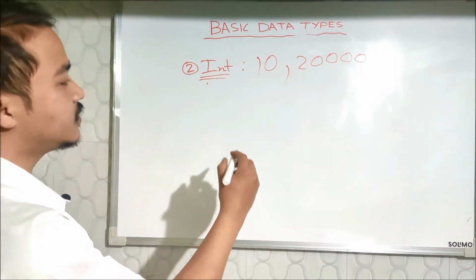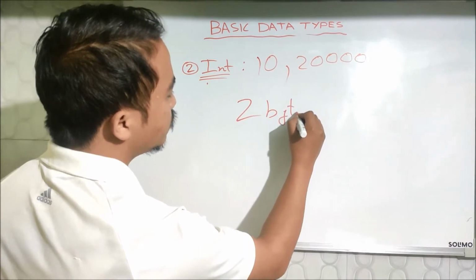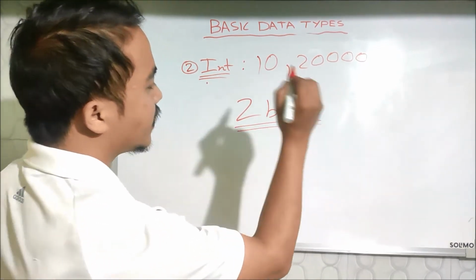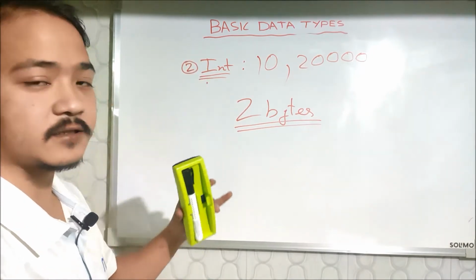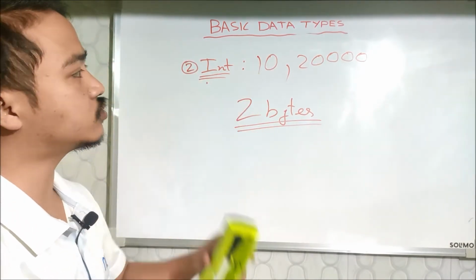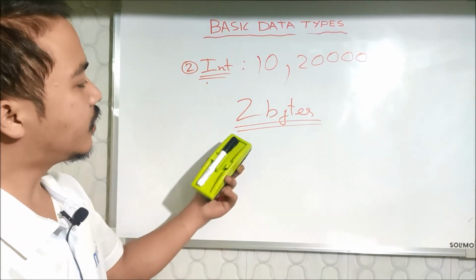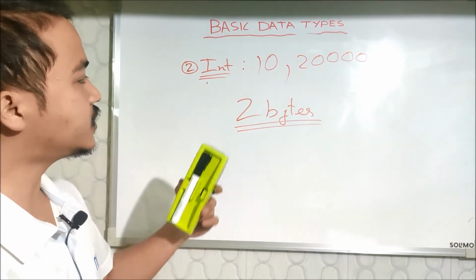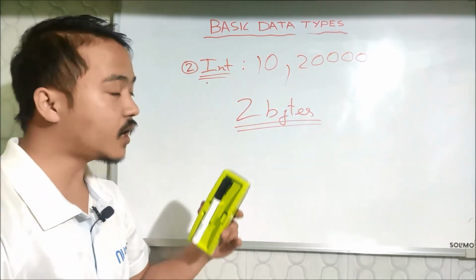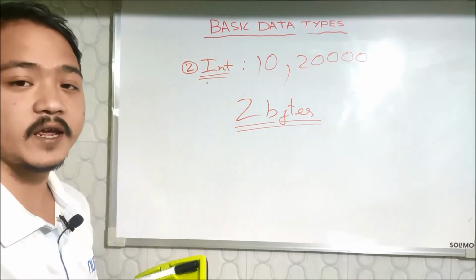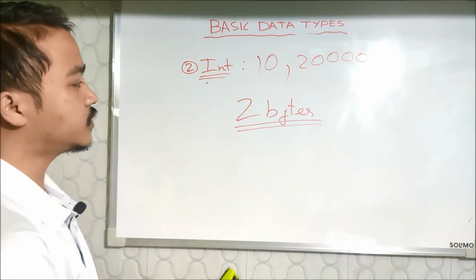An integer will take the size of 2 bytes in memory. Character will take only 1 byte because it will store only 1 character at a time. Integer will store 2 bytes of integer number. If you store any numbers under the data type of int, it will take the memory of 2 bytes.